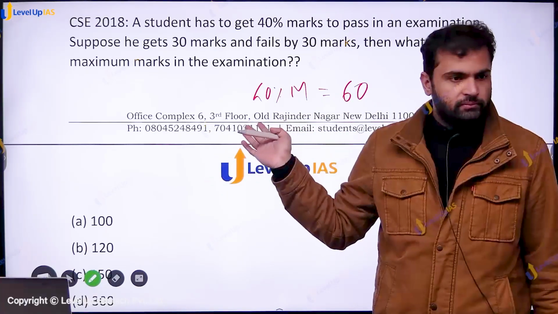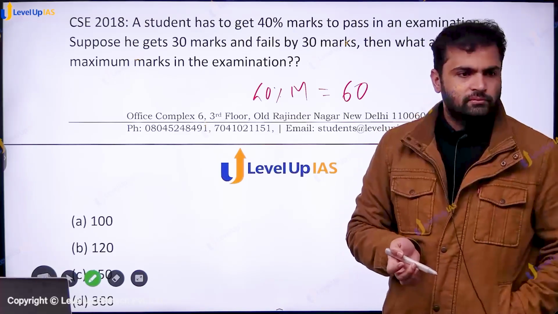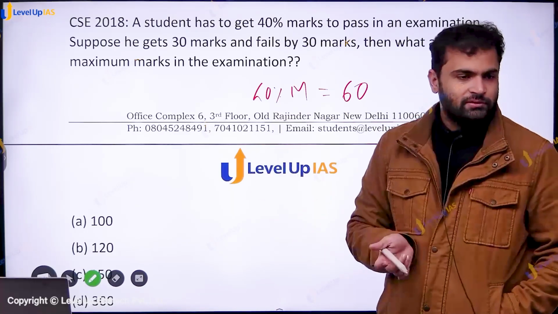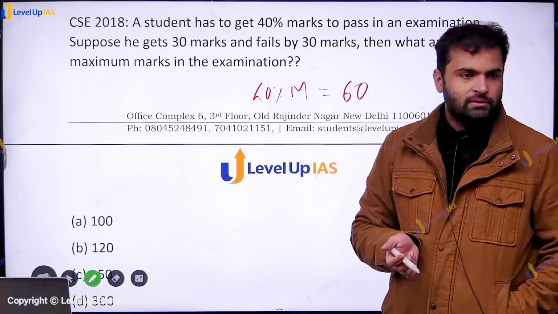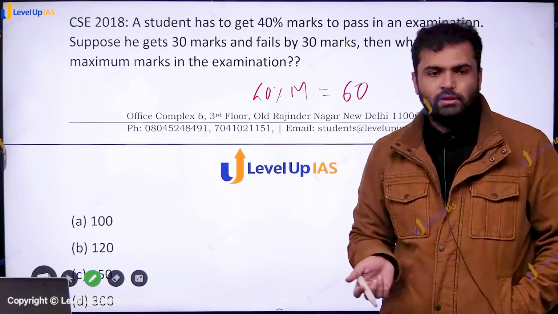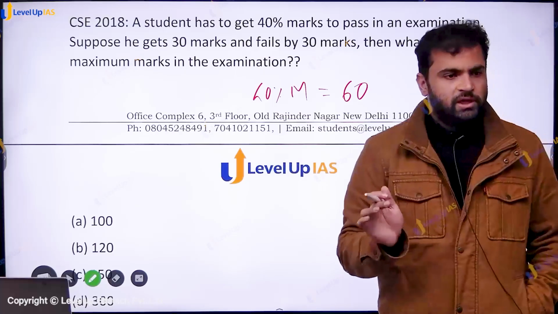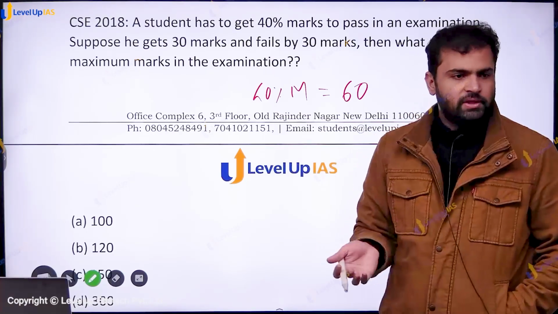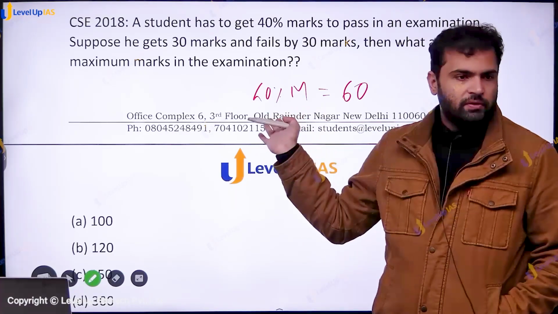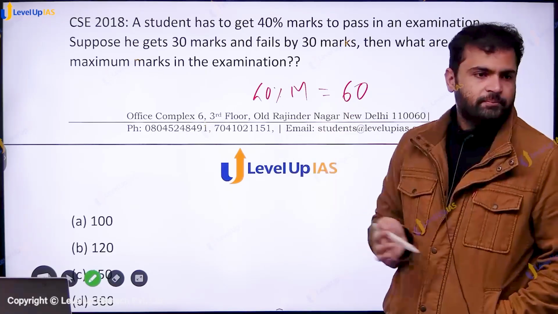What is maximum? Let maximum marks be M. 40% is passing, so this is passing mark, 40% of M, and then it is 60.